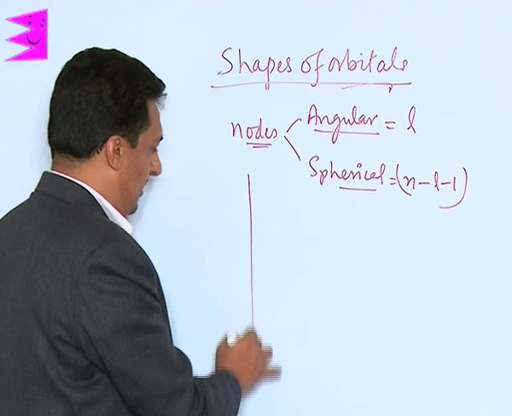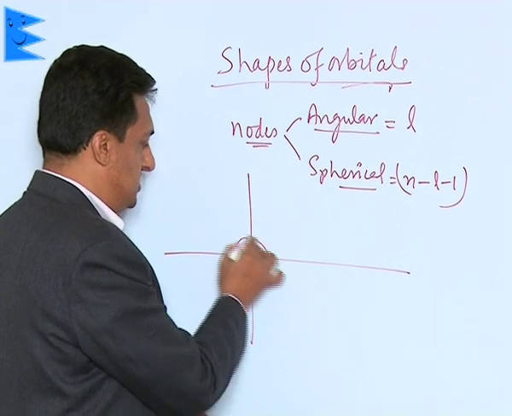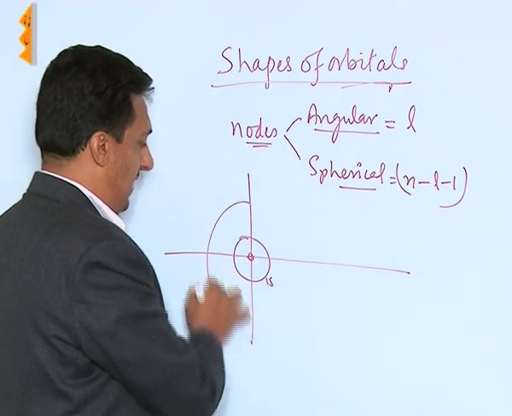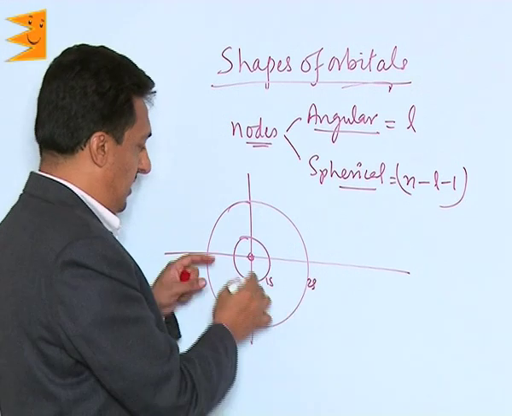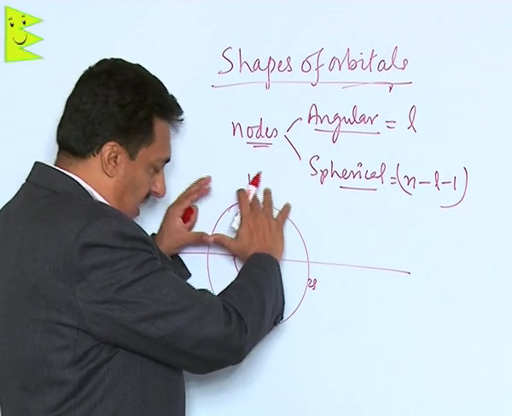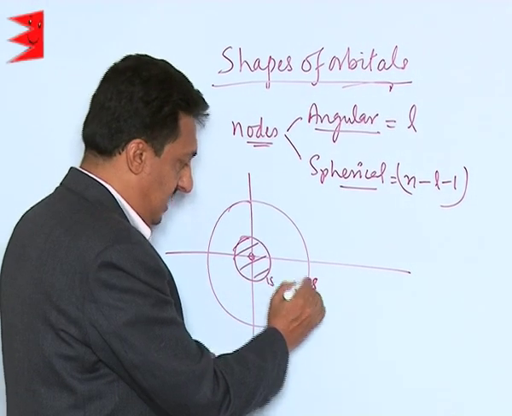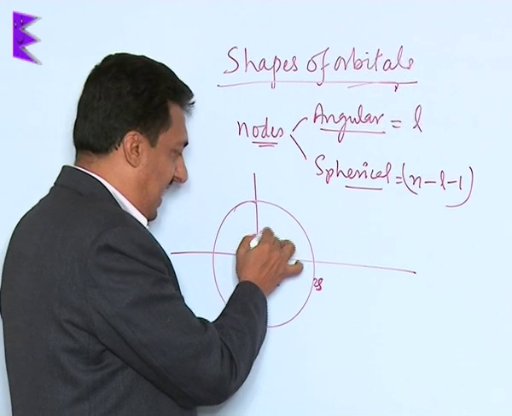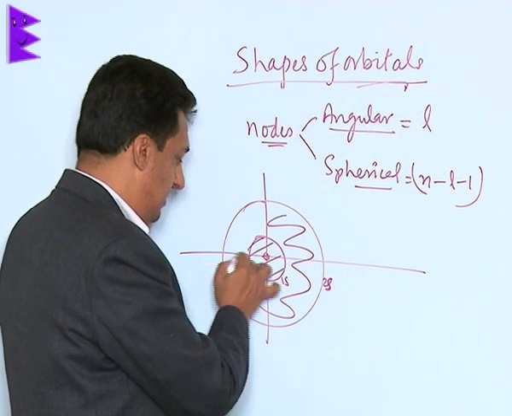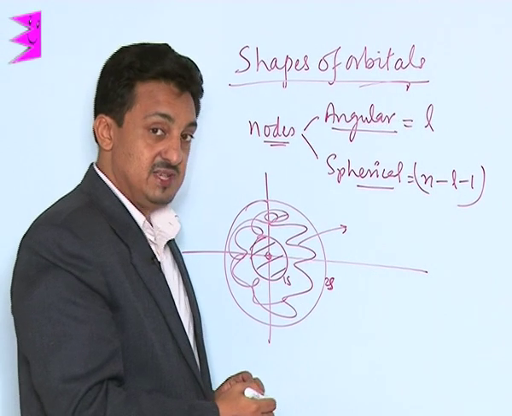So what we can make out is, suppose this is your 1s and this is your 2s. So this is a sort of spherical ball we have of 1s, and outer to this one is another spherical ball of 2s. Now this is the area where the probability of finding the electron is 0.